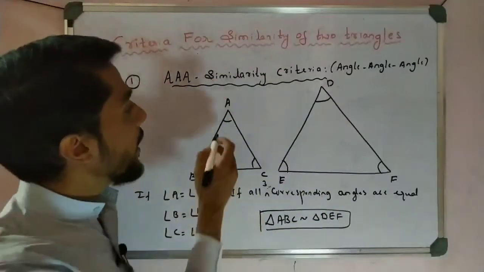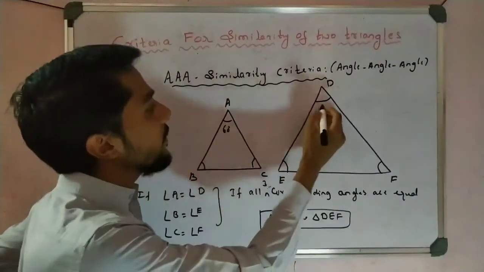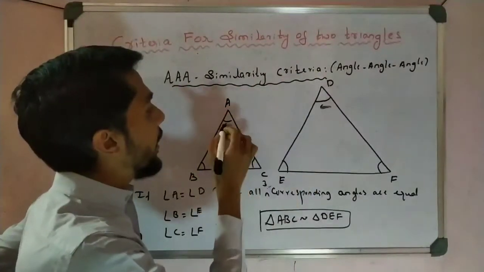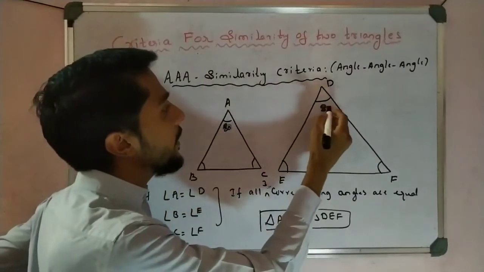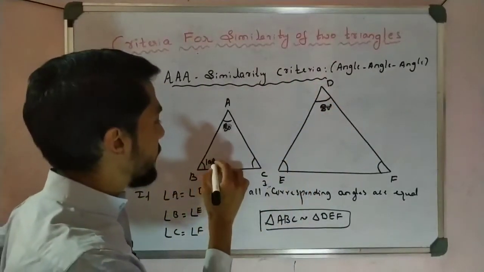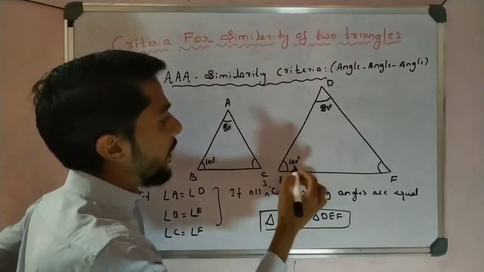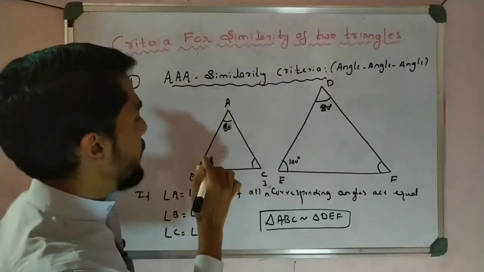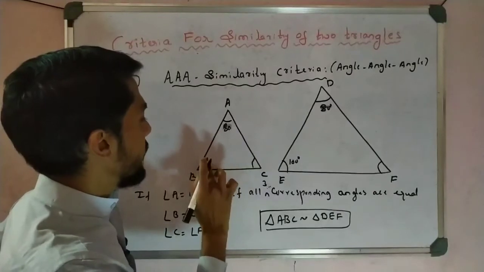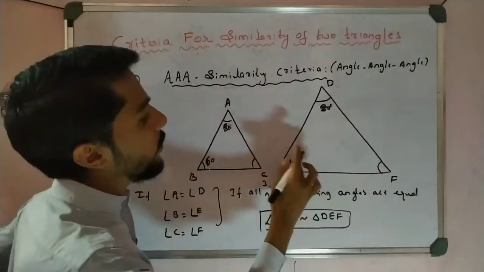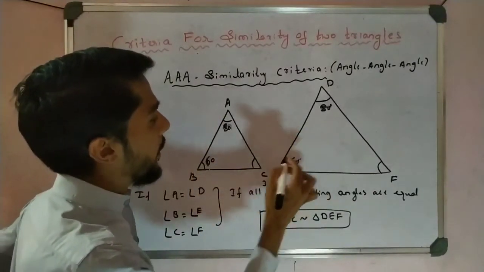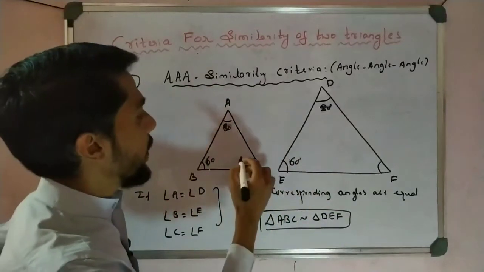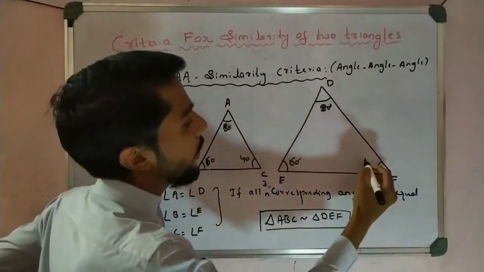For example, I take 60 degree and 60 degree, then 80 degree and 80 degree; the total must be 180, so I make it 60 degree, 60 degree, and then the third angle is 40 degree.